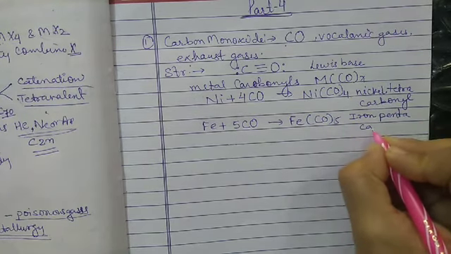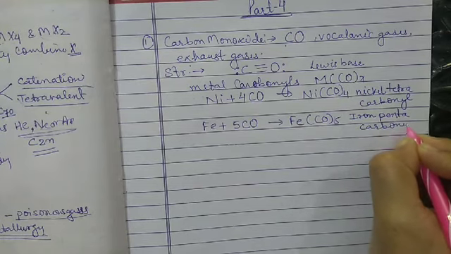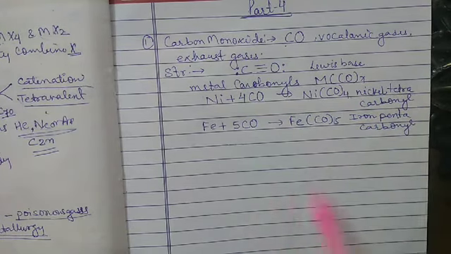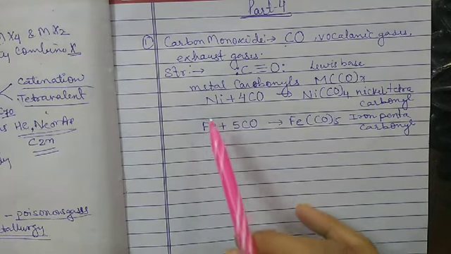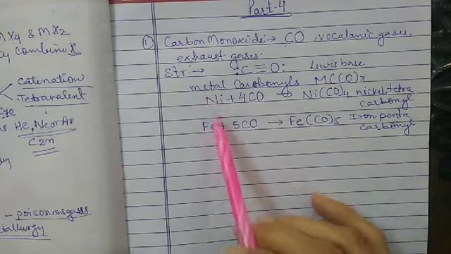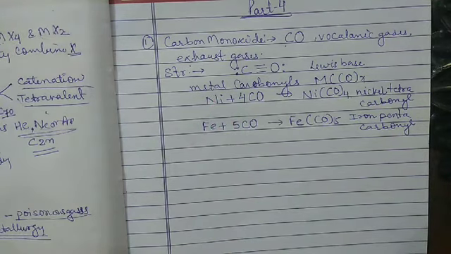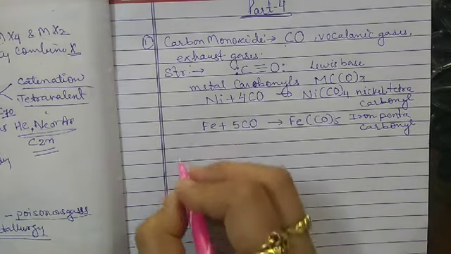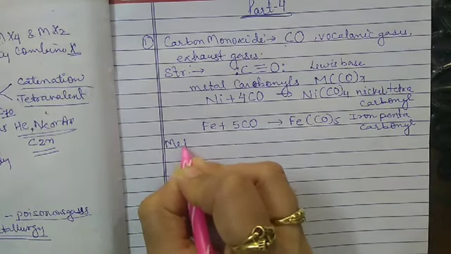So when carbon monoxide combines with a metal, they form metal carbonyls.